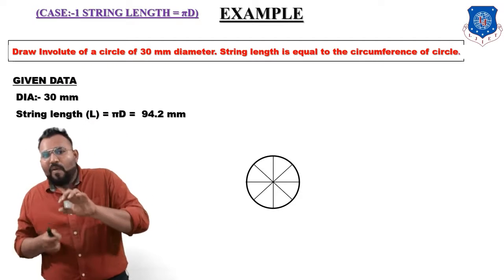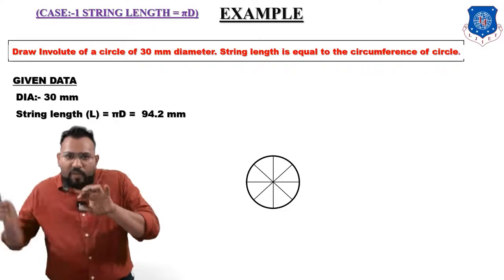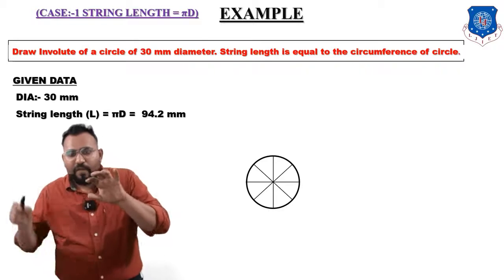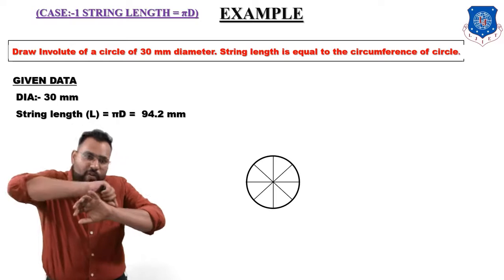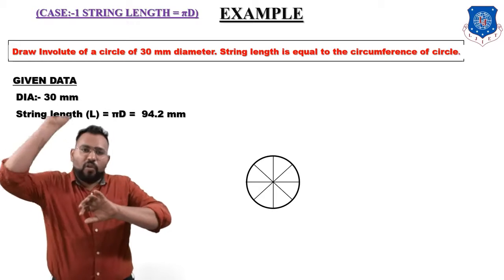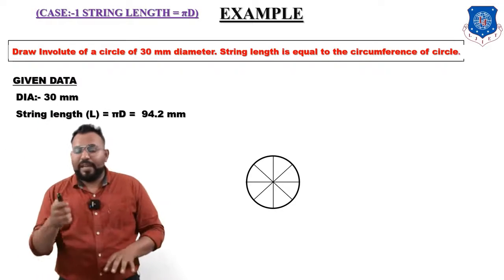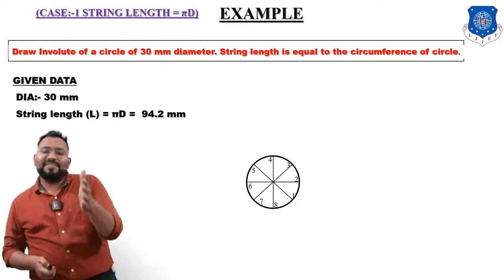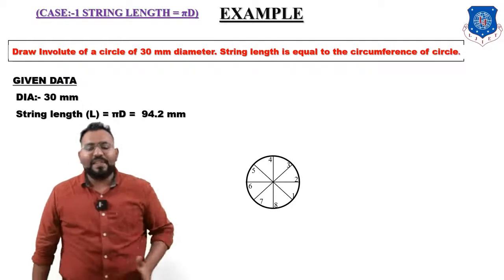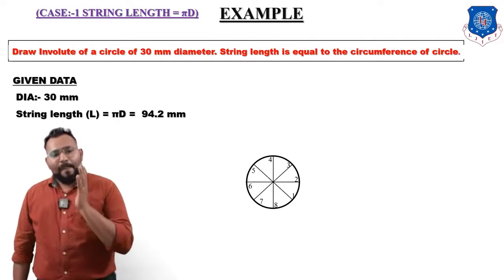So whenever you do wounding, you give number in anti-clockwise direction. When you are doing unwounding, you give numbering in clockwise direction. But we are going to give numbering in anti-clockwise direction. So like this, 1, 2, 3, 4, 5, 6, 7 and 8. So this is how you have to give the number.